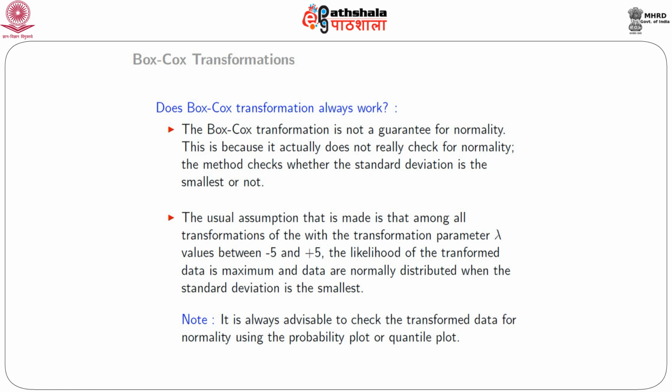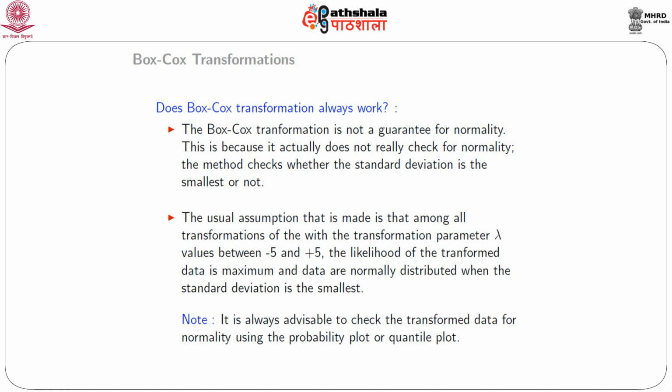Does the Box-Cox transformation always work? The Box-Cox transformation is not a guarantee for normality, because it does not really check for normality. The method looks for the transformation with the smallest standard deviation. The usual assumption is that among all the transformations, the value of the parameter lambda lies between minus 5 and plus 5.